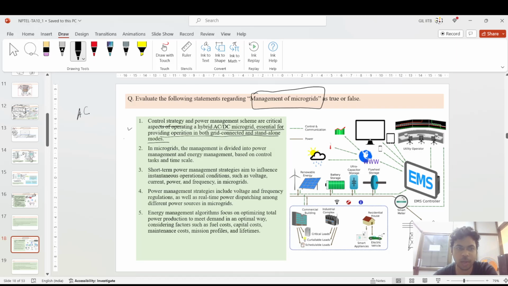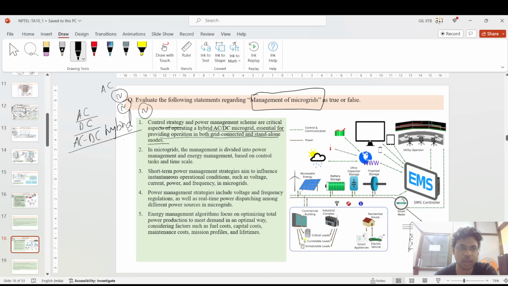You already know that there are three types of microgrid: AC microgrid, DC microgrid, and AC-DC hybrid microgrid. In all the systems you have different features, and you need certain communication features and a control strategy for controlling or connecting with the utility grid, which is actually AC.